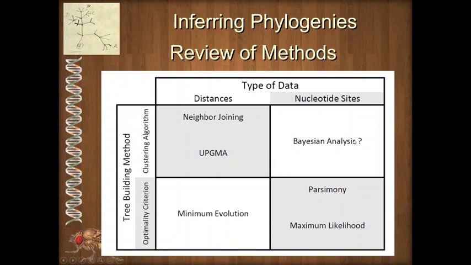In a Bayesian analysis, we're doing something slightly different, which is why I've put it up here, but with a question mark. We are really optimizing the model of evolution and the parameters for that model by doing this iterative approach, where we start with an unknown distribution. Maybe we give a neighbor joining tree.